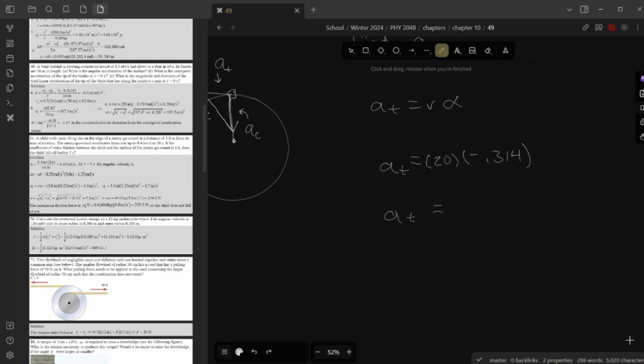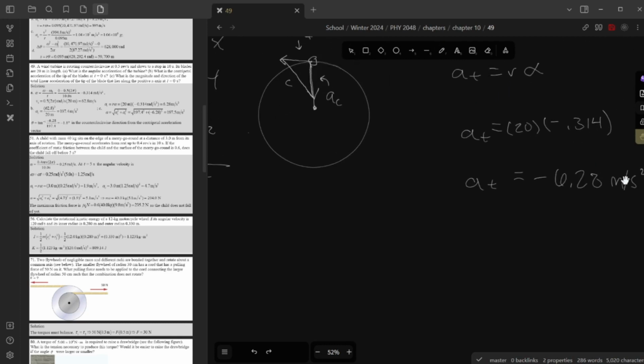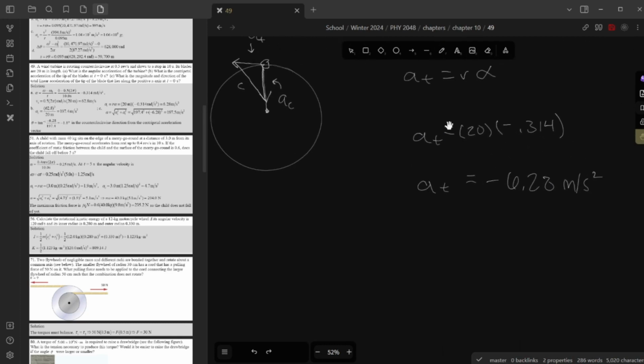So 20 times negative 0.314, and we get negative 6.28 meters per second squared. Not theta, not radians per second squared, because it's linear.